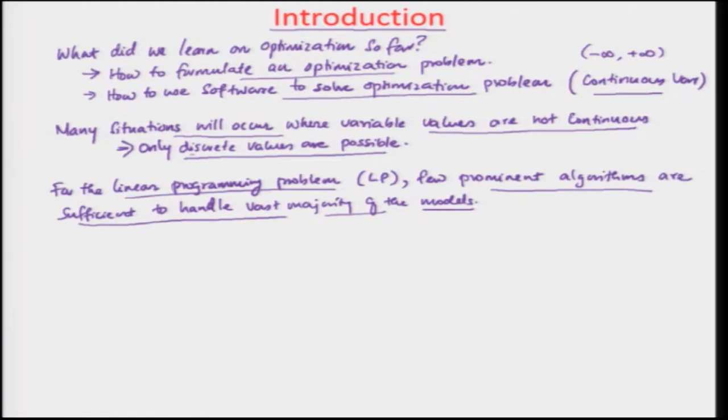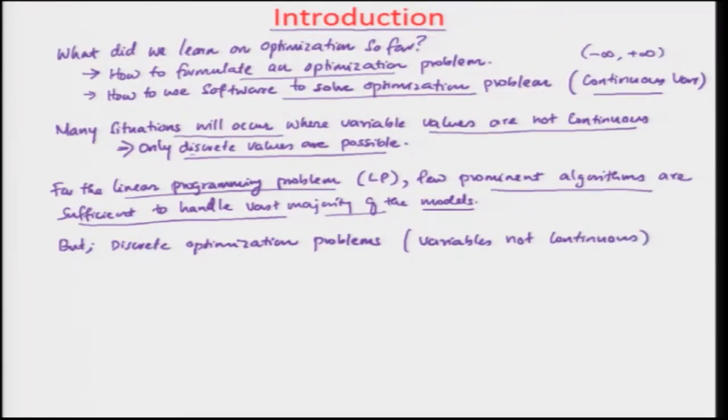But the important thing for us is discrete optimization problems. What are discrete optimization problems? Variables are not continuous, your variables are not taking a continuous value.